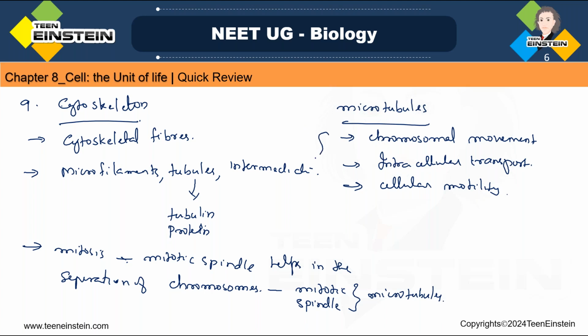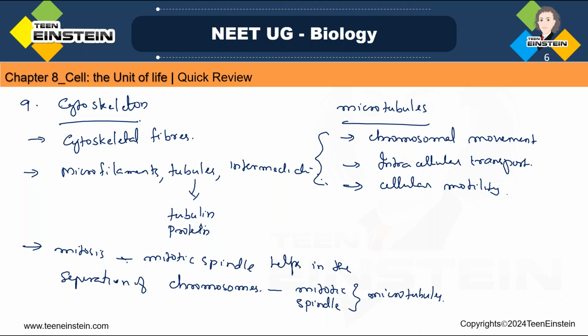These are only the important points I'm mentioning here. Cytoskeleton or cytoskeletal fibers include microfilaments, intermediate filaments, and tubules. These tubules are made up of tubulin protein. Microtubules have a very good role in mitosis for the separation of chromosomes.